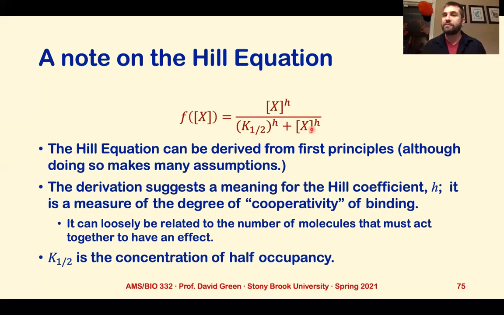This is exactly what happens in hemoglobin, for which the Hill equation was derived. There are 4 binding sites, and after the first one binds, it becomes easier for the second one to bind. After the second molecule of oxygen binds, it becomes easier for the third and fourth. And this makes a very, very highly cooperative system. What does that mean?